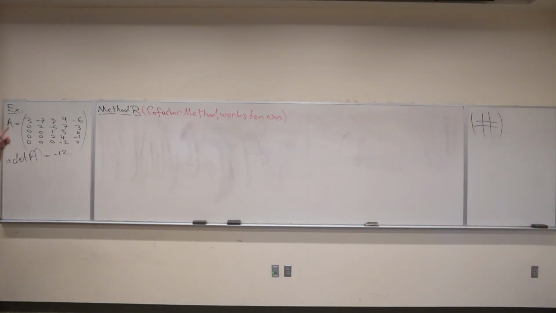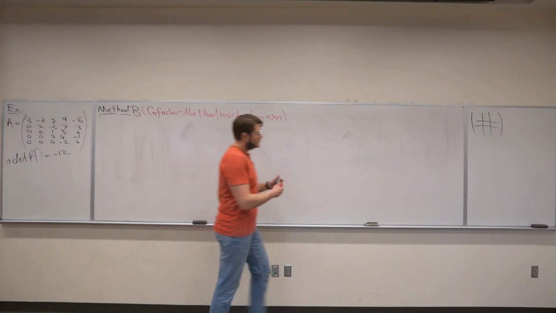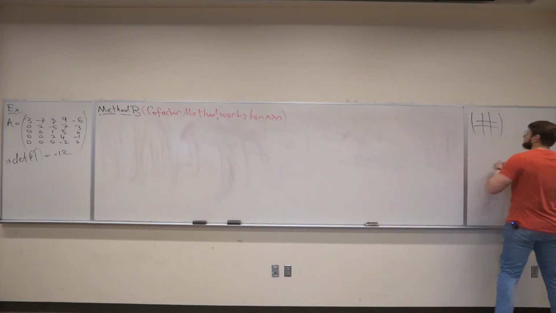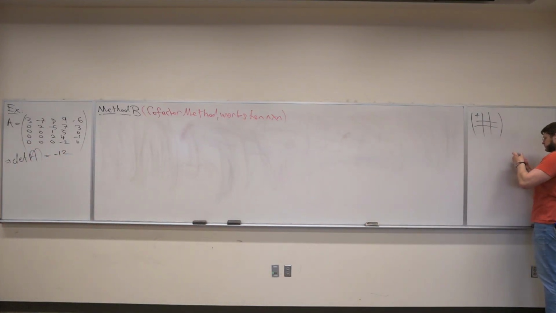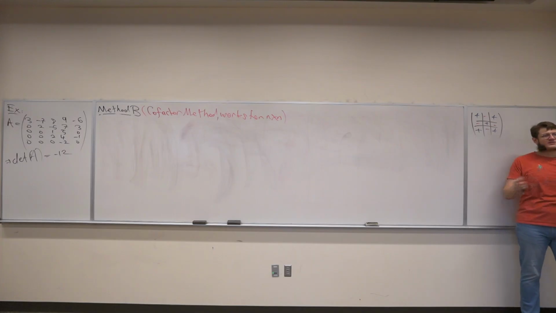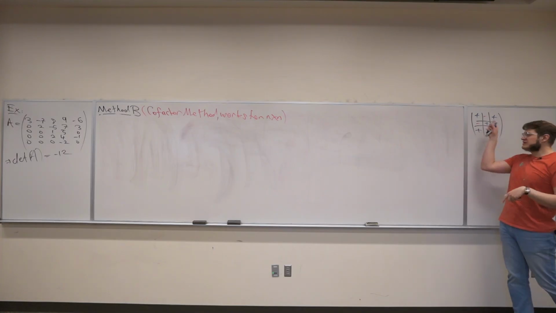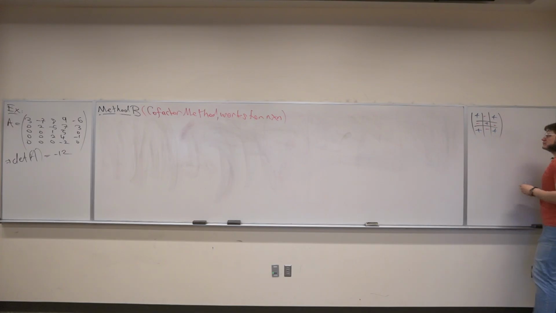Always at the top left corner, you start with a plus, and then you alternate between plus and minus. So this is plus, this is minus, this is minus, this is plus, and so on. Okay? These are the distributions of pluses and minuses. We're going to add and subtract a bunch of things depending on these things. It's kind of mysterious how this actually works.